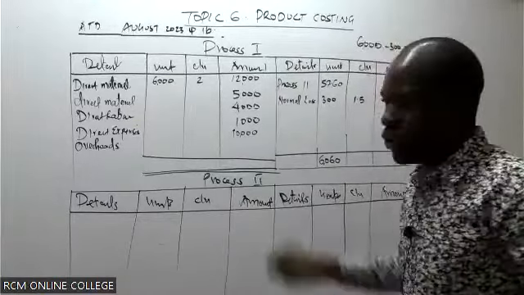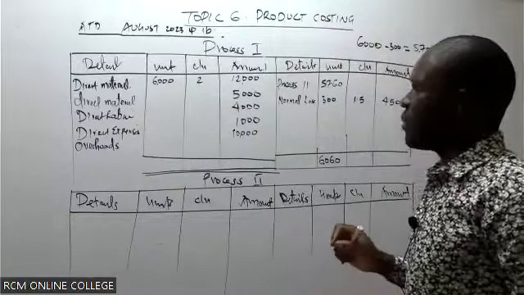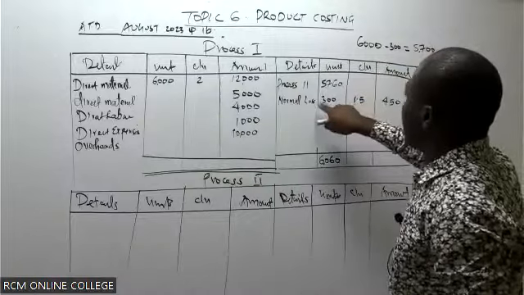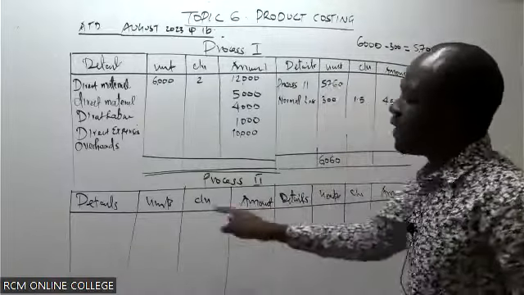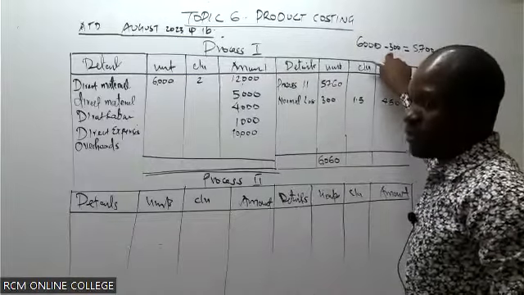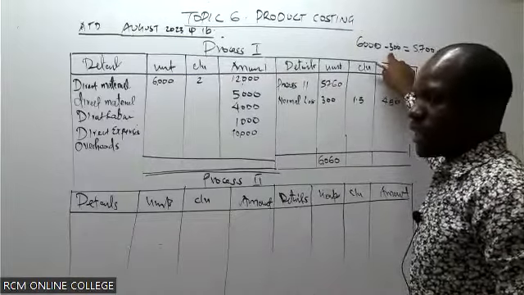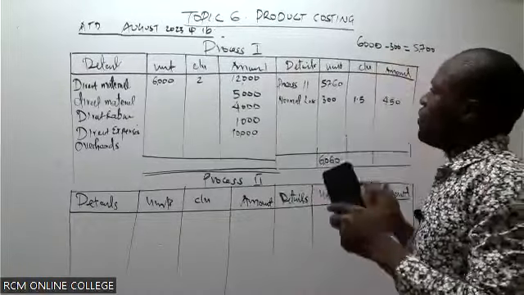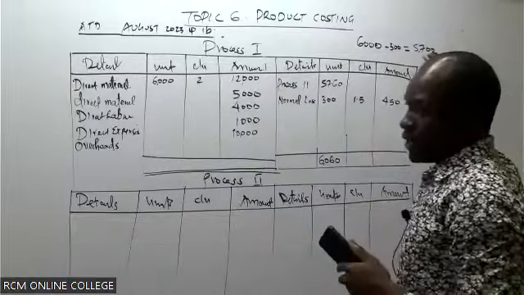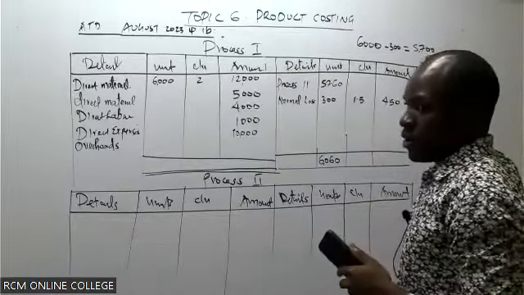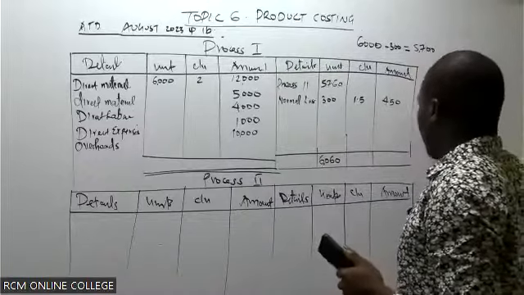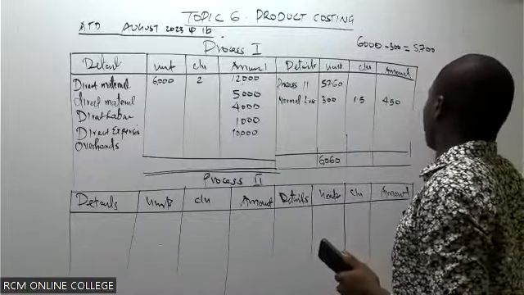How many units did you lose? 6,000 minus 5760, which was transferred to process 2. It tells you that you lost less than this. So you are very keen to an extent that you did not lose the normal units. You're supposed to lose 300, but you lost 240.